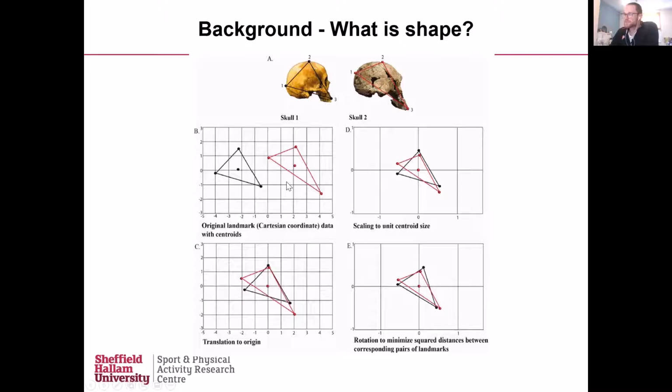So following those same procedures that we just talked about, if we find the centroid of these two landmark configurations, center them on the same point, we remove differences in location, scale them to the same size, we remove differences according to scale. And if we remove any rotational differences between the two triangles, we're analyzing pure shape differences between these configurations. And that's the process or procedures that I worked with throughout my PhD.